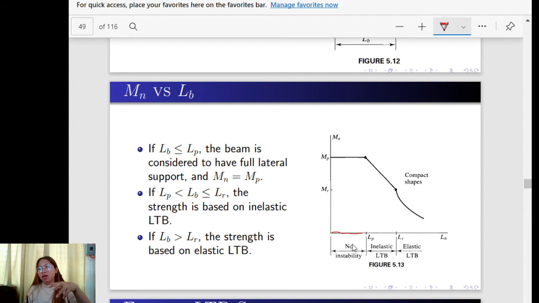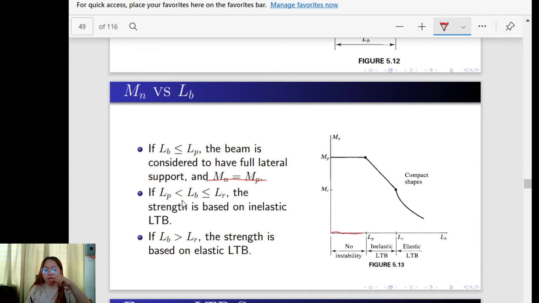So the section is very stable when loads are applied, it yields, and after that it reaches its plastic moment. So for this section, your M sub N, the nominal moment, is equal to your M sub P.